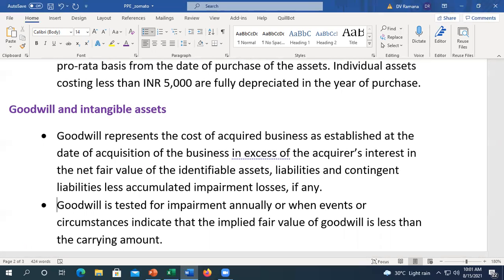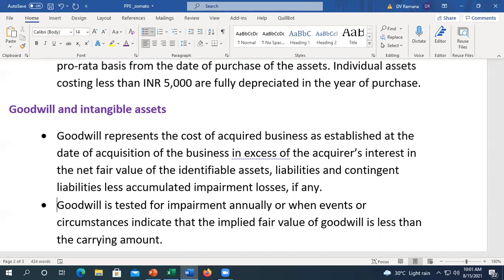If the book value is less than the market value, then the market value is higher, and that is called a revaluation. But the problem comes when the market value is less than the book value. Then according to the conservative principle, you're bound to impair the assets, and that is called the impairment loss.